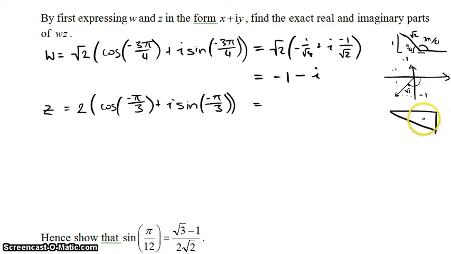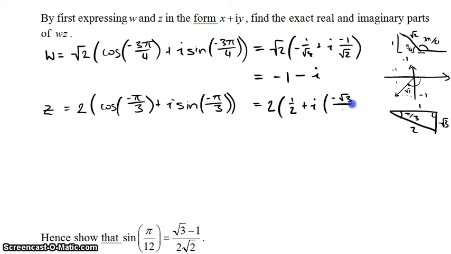If this is pi upon 3, this is 1 to root 3. And this would actually be minus square root 3. So cosine of minus pi upon 3 would be 1 over 2. So this is 2 times 1 over 2 plus i, and then you can see the sine would be minus root 3 over 2.